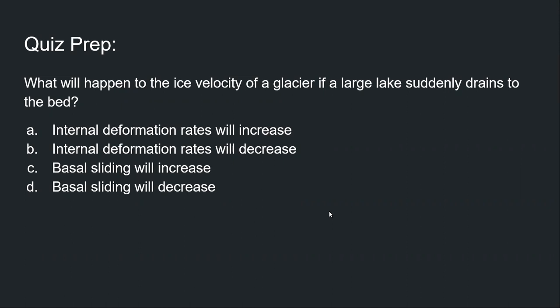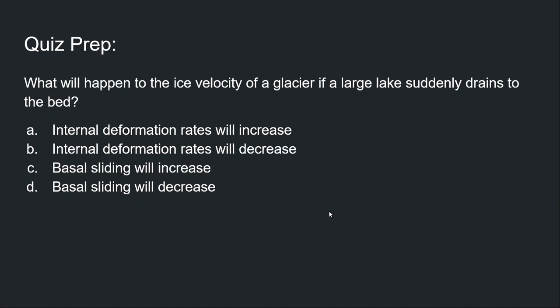But it's kind of a tricky question. I could ask this question as: how would basal sliding evolve throughout a lake drainage? And what you might have is the lake draining and increasing the basal sliding a lot because there's a lot of water beneath the glacier. But like that storm event that we saw on the glacier I was studying, maybe that was enough to transition from a distributed to a channelized drainage network.